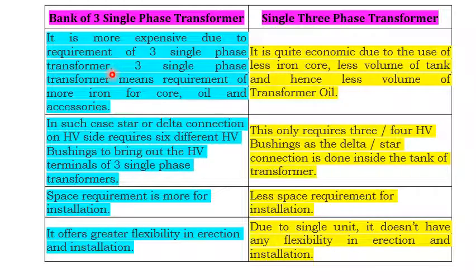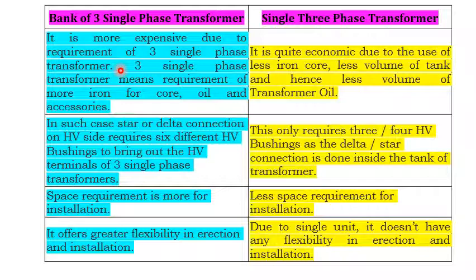A bank is more expensive due to the requirement of three single phase transformers, obviously. As just discussed in the last slide, in order to fulfill the 700 megawatt power rating, we go for 823 MVA, and we require three single phase transformers for the same rating.